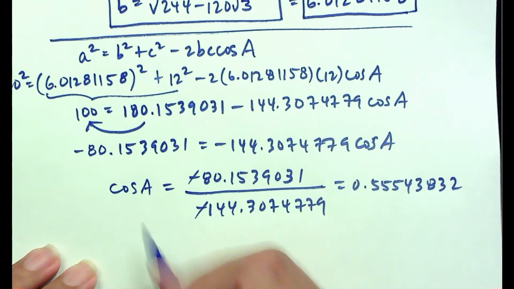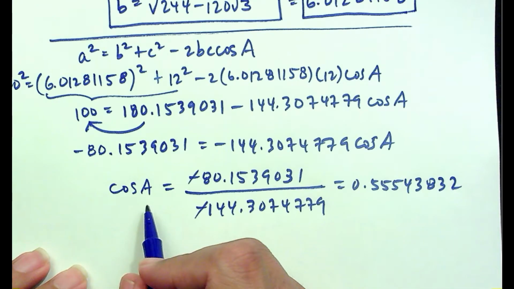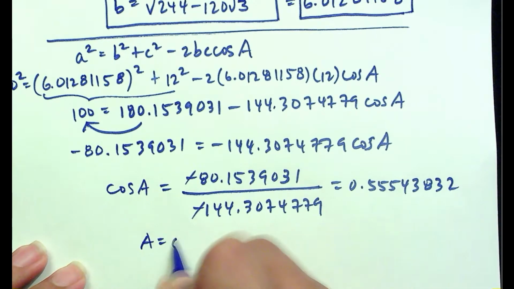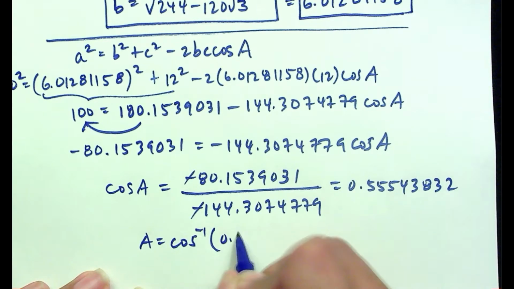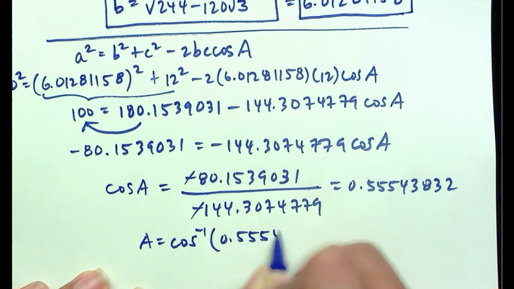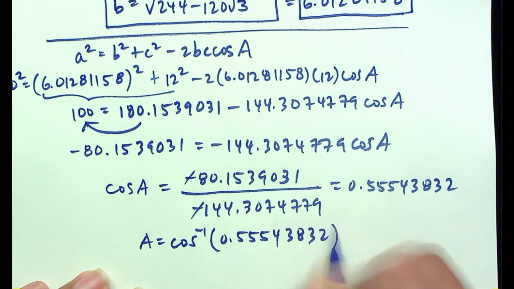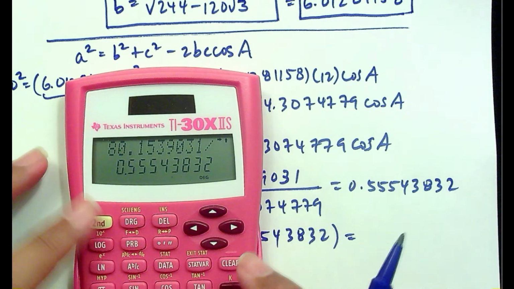Lastly, to get A out of there, remember how that's done: you hit it with cosine inverse. So A is going to be cosine inverse of this number. Let's see what we get.